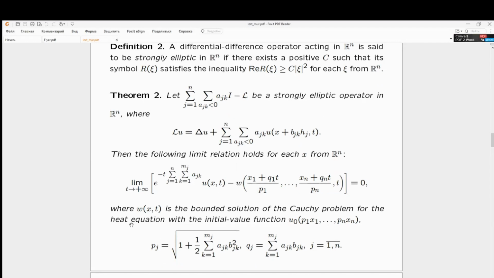And what is the echelon solution in our case? It is the bounded solution of the Cauchy problem for the heat equation, just the equation du over dt is equal to the Laplacian of u, with the initial value function u0 of p1, x1, etc., pn, xn.